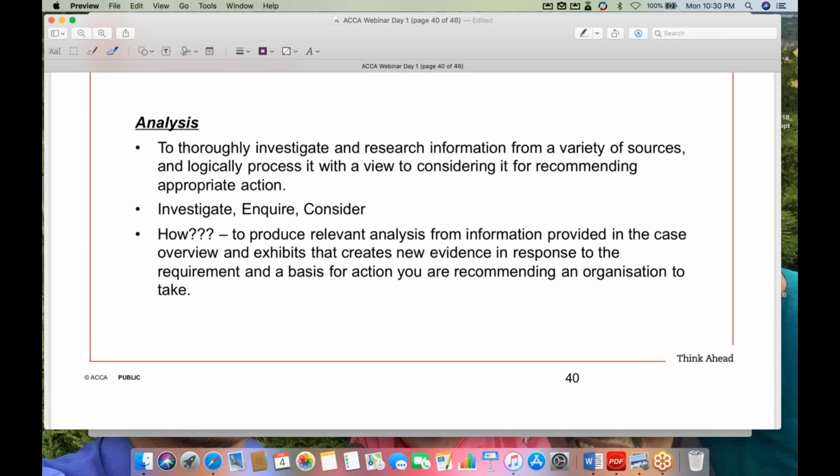Perhaps some ratio analysis on the profitability or liquidity. Once you get all this particular information, okay, what you are going to do is you are going to put it together. What is it that you get out of that particular information on profitability and liquidity? Does it tell you something?